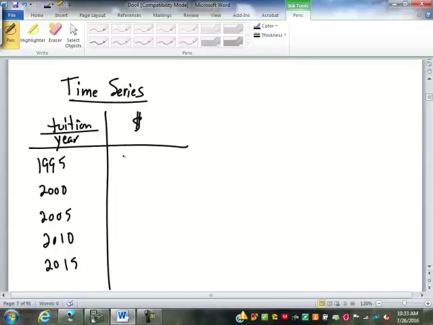Let's say in 1995 is $89 per credit. In 2000, $98 per credit. 2005, it went up to $134 per credit. 2010, it dropped to 131, and in 2015, it was up to 144 per credit.